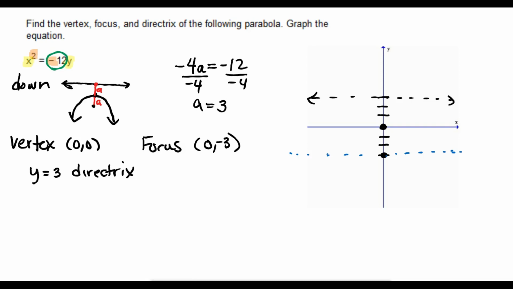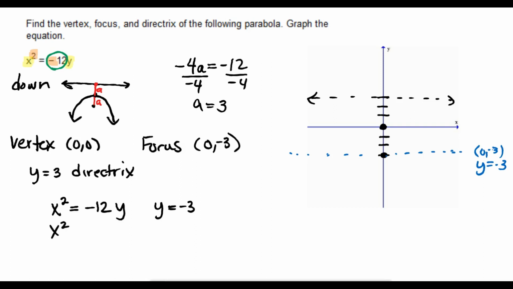So I know that my focus is at 0, -3, and the y-coordinates of my latus rectum points will be -3. So what I can do is take my equation, x squared equals -12y, and let y equal -3 so I can find those latus rectum points.